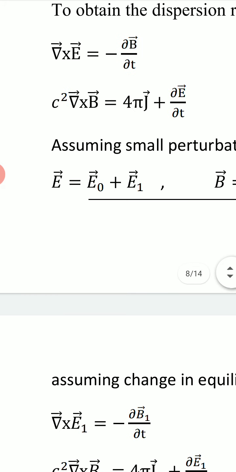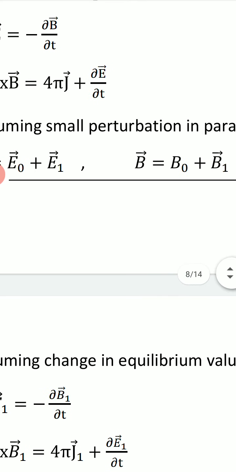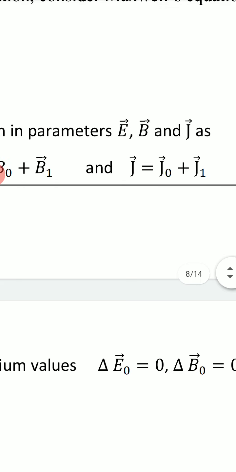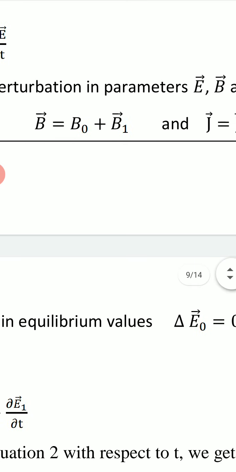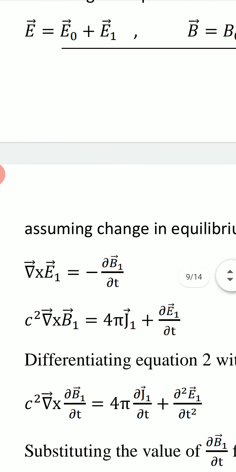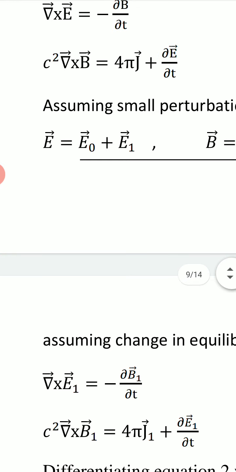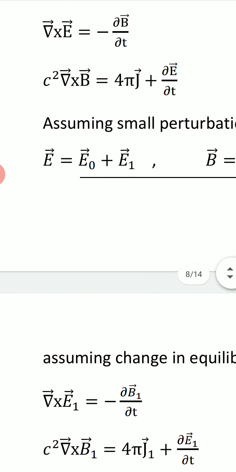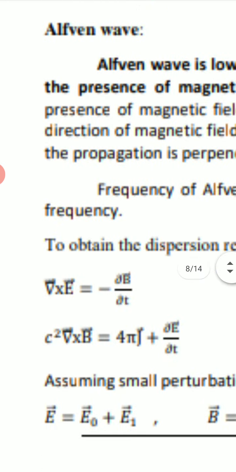If we substitute E equal to E0 plus E1, B equal to B0 plus B1 and J equal to J0 plus J1, then these two equations can be written as del cross E1 equal to minus delta B1 upon delta T and c square del cross B1 equal to 4 pi J1 plus delta E1 upon delta T.